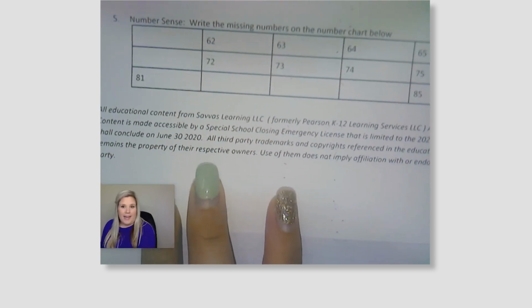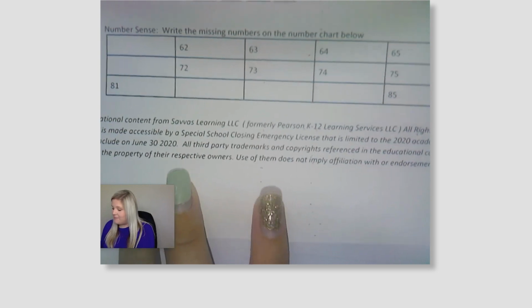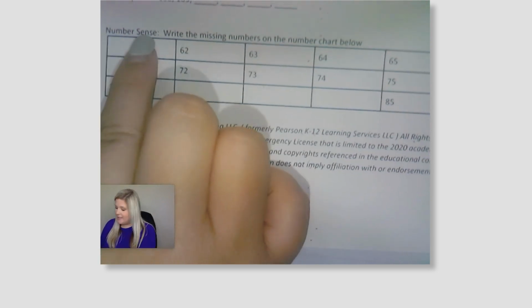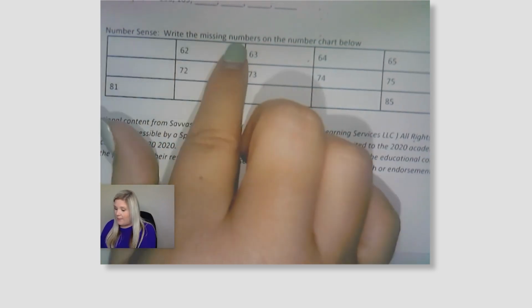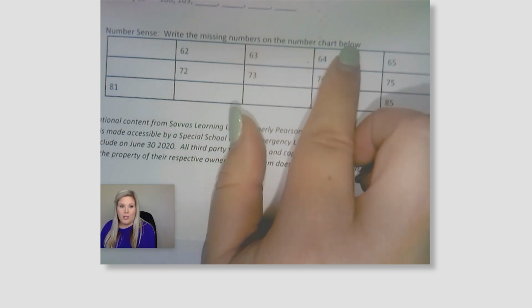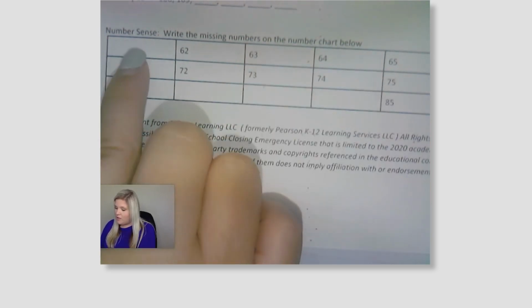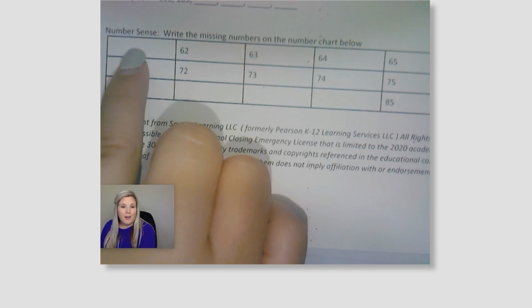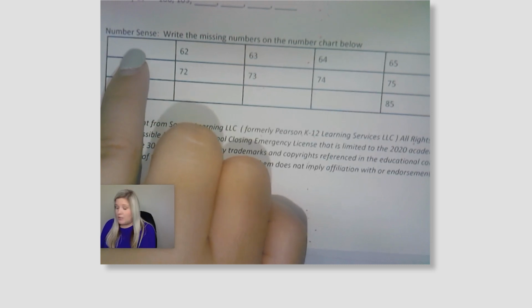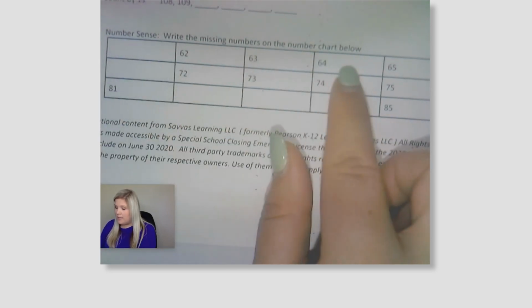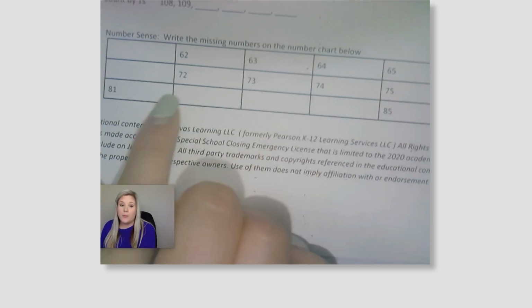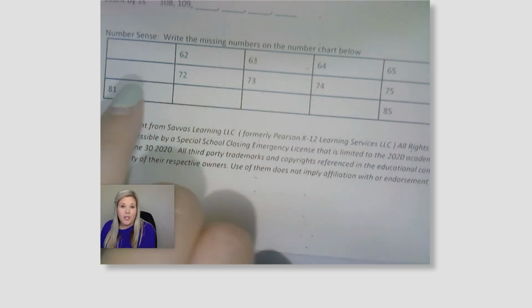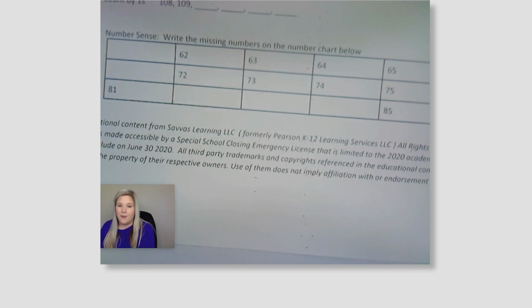And then number 5, I really love this one. Number sense. Write the missing numbers on the number chart below. So you're going to look at your 120 chart to find the missing numbers. You're going to look at the numbers that they give you to figure out which ones are missing.